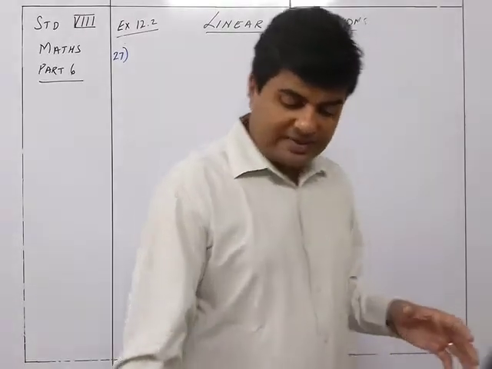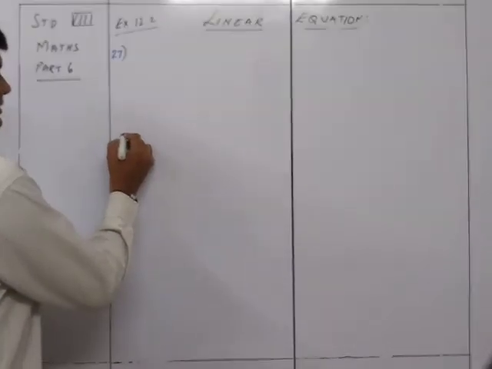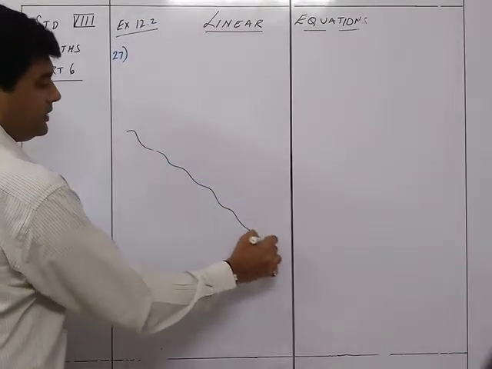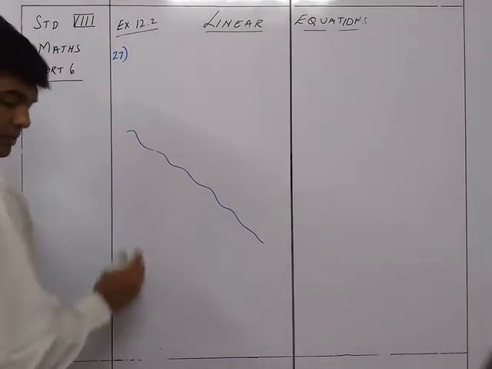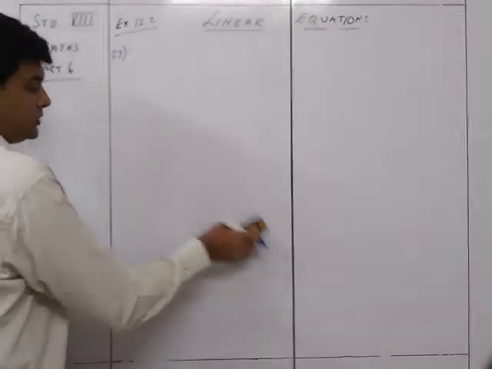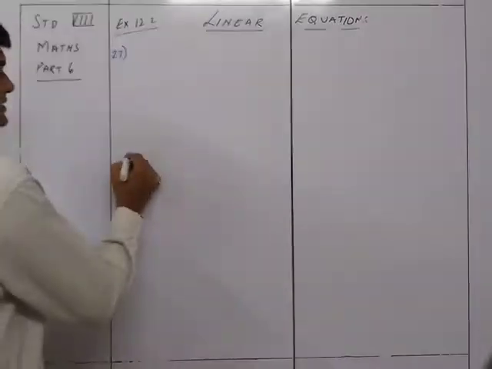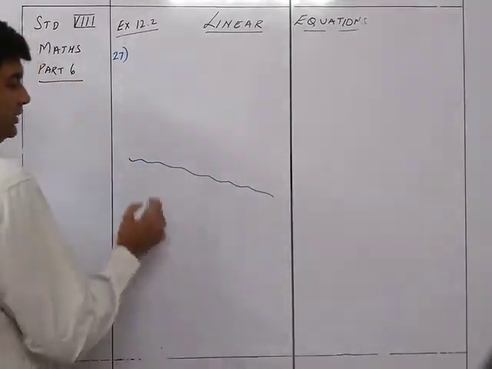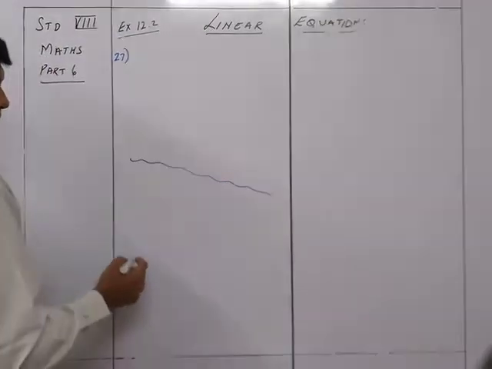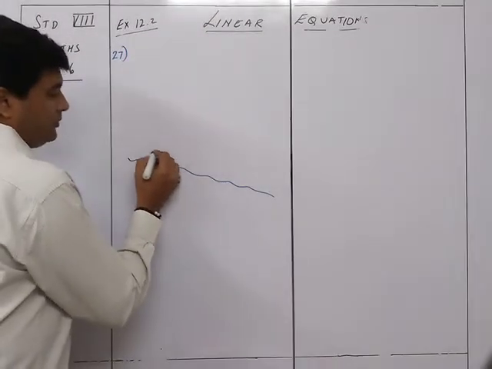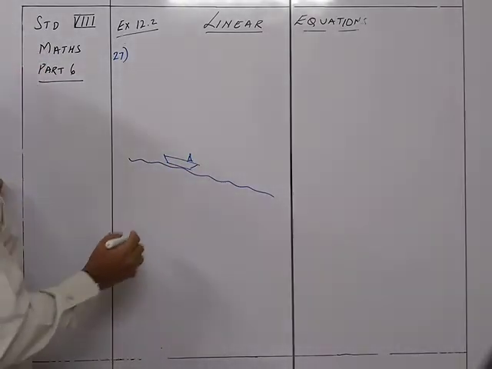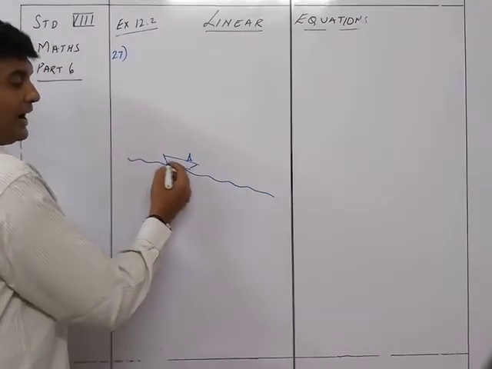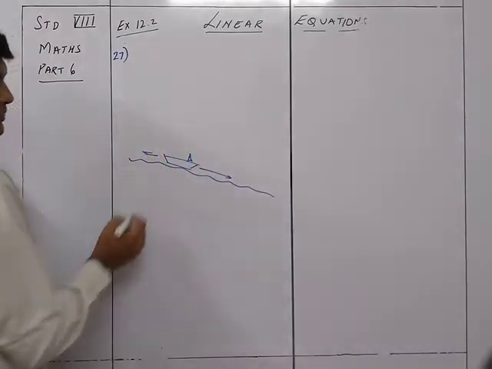Okay, let's consider that this is a slopy area, or let's not take a slopy area, we can just take it this way, that this is the river. The river flows from up to down. So suppose this is a small steamer over here, which is going to travel either this way or this way.